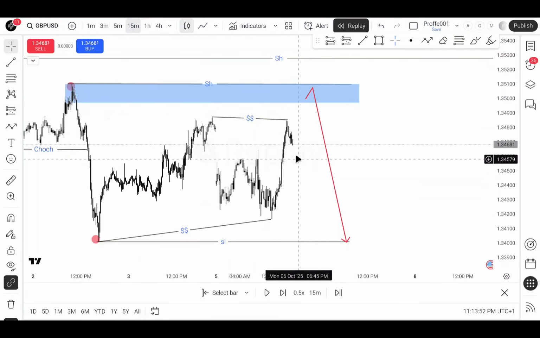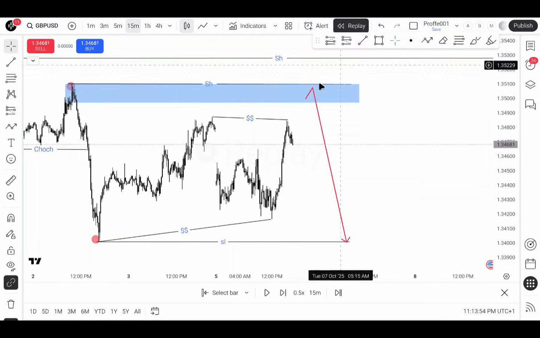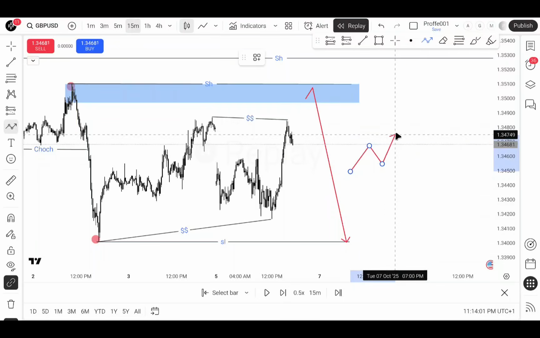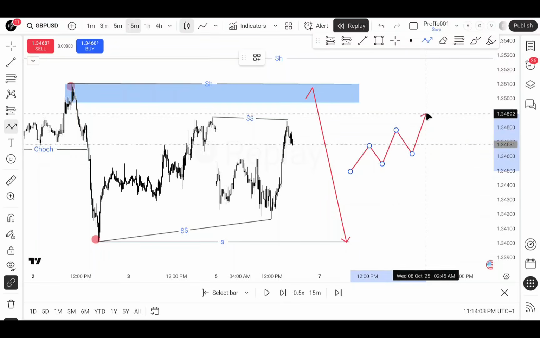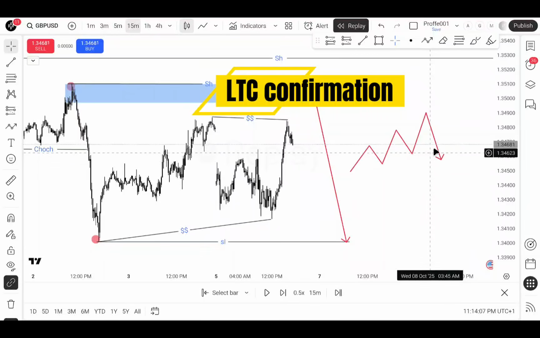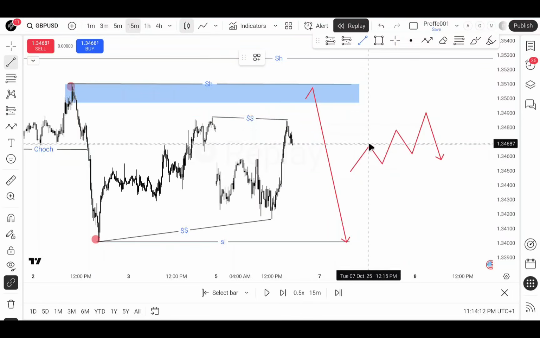What are we waiting for now that we have spotted all these things? After the market clears out this liquidity, we are waiting to see that on the lower time frame, the 1 minute time frame, we want to see something like this, then a change of character. This is where we are interested, where this becomes our break of structure.